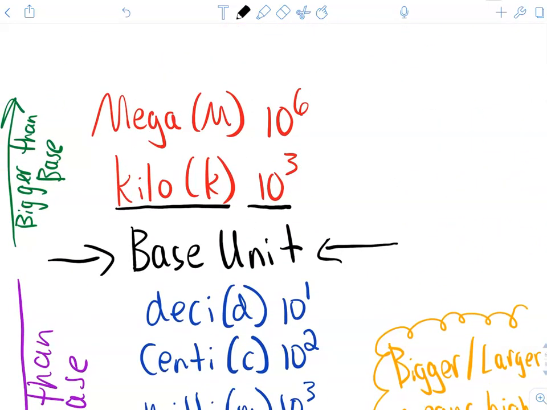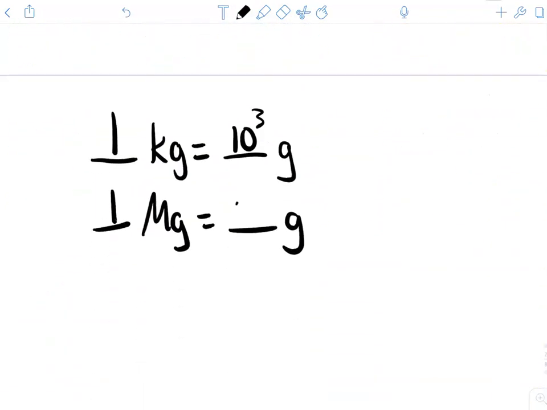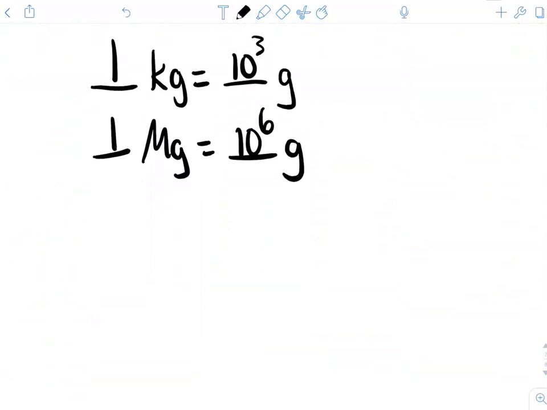In this case, it's going to be 10 to the 6. And again, that's because here's mega. Its factor is 10 to the 6.